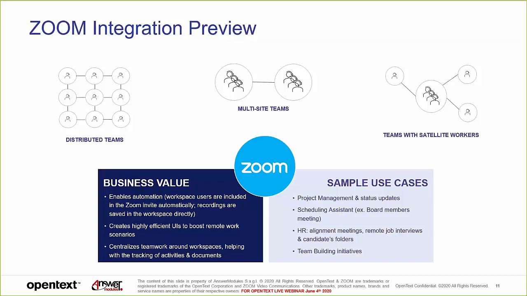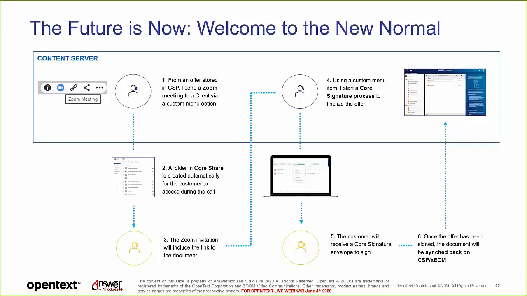Just to give you an idea of what this means, we thought of this sample scenario in which the Zoom integration is just one piece of the puzzle for implementing what is essentially a 100% digital process. This example takes into account four different tools that are used seamlessly to discuss and finalize a contract 100% remotely. So let's say I just need to discuss this offer with an external party.